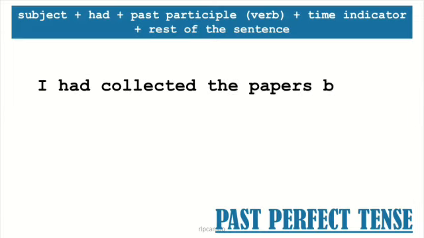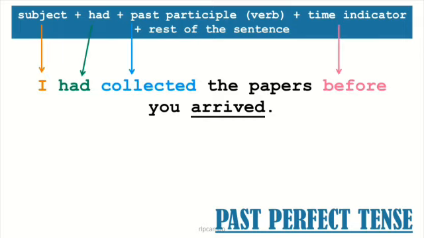I had collected the papers before you arrived. Observe the arrows pointing to the different parts of the sentence. In this example, both actions, collected and arrived, happened in the past.